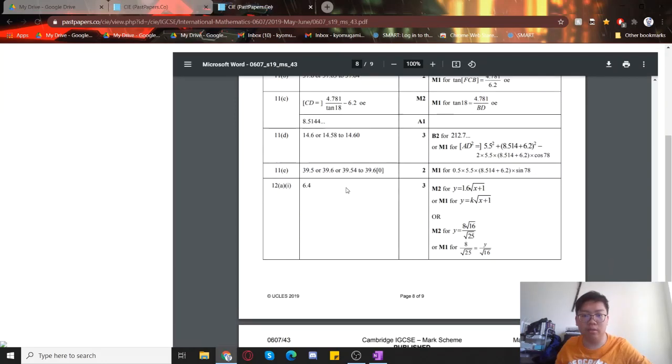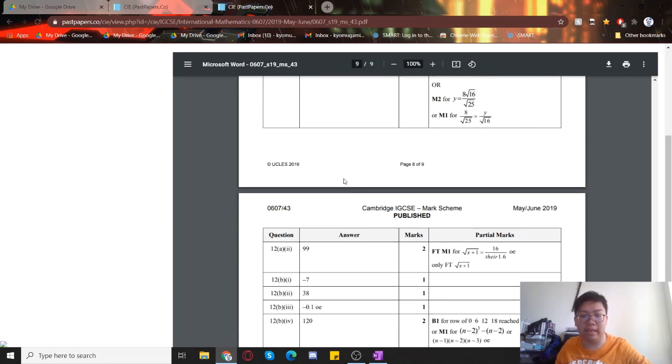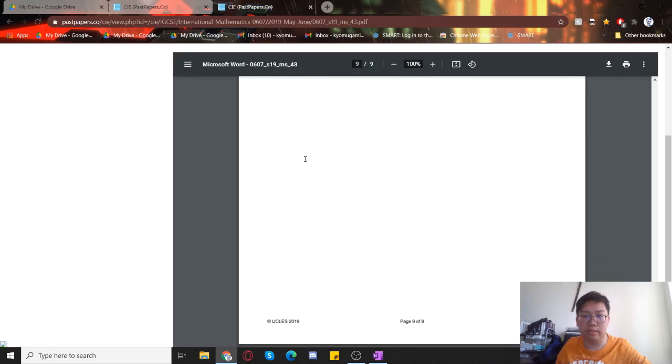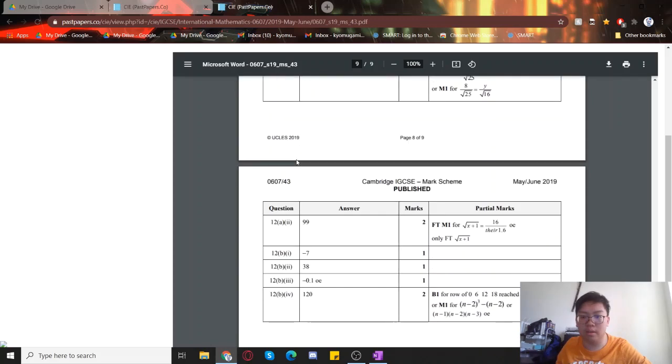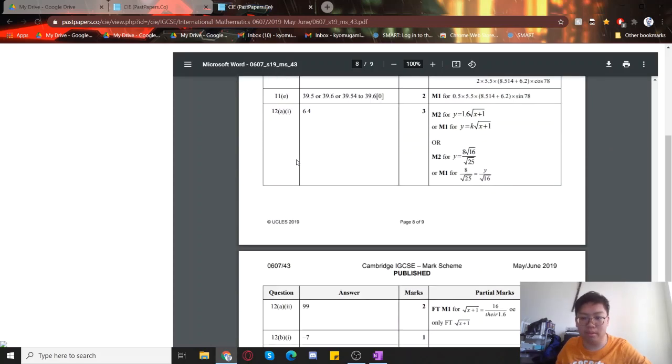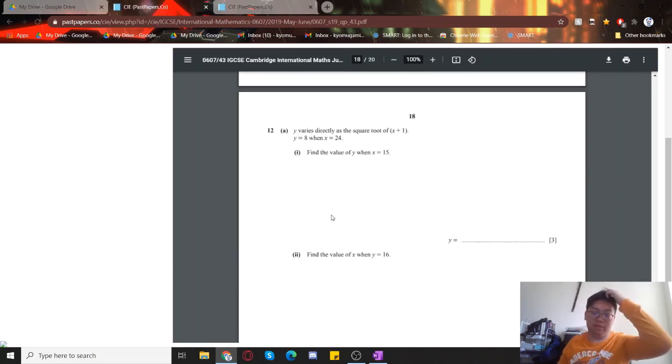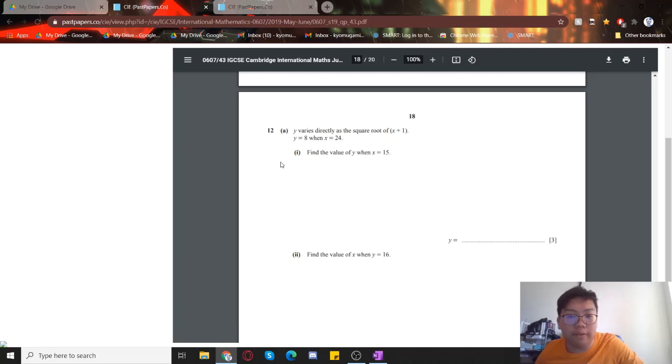We can test it with the other two, so I'll just scroll down to see if that's the case. If not, just take it with a grain of salt. What is this? Oh wait, this is the last one. They want us to work out the equation, don't they? Find the value of y when x is 15.